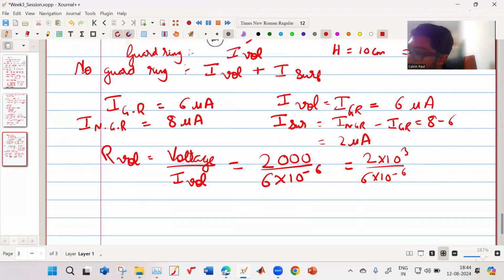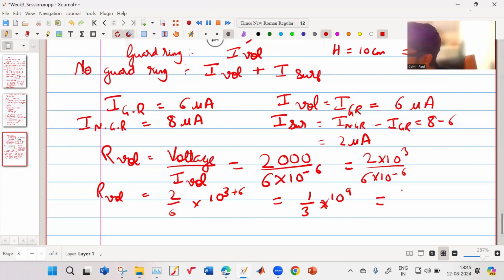So now my volumetric resistance is 2 by 6 into 10 to the power 3, and the minus 6 in the denominator becomes plus in the numerator, so 3 plus 6. That is equal to 1 by 3 into 10 to the power 9, which I can write as 1000 by 3 into 10 to the power 6.